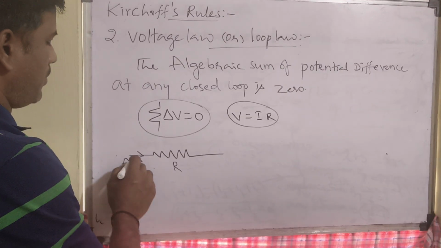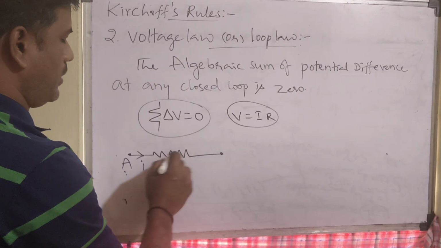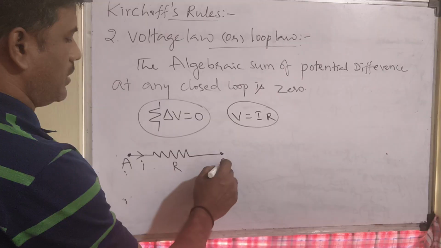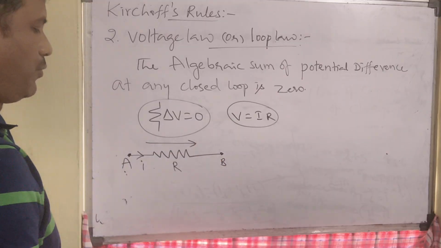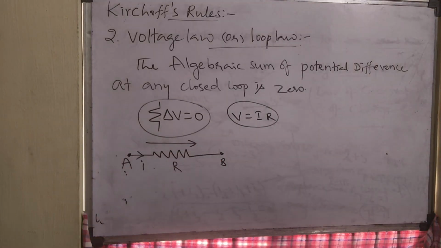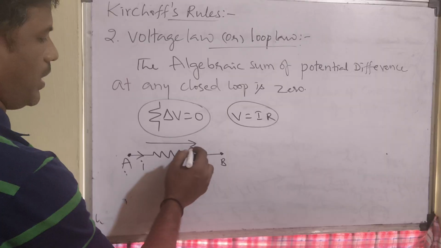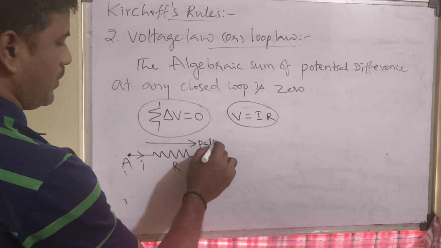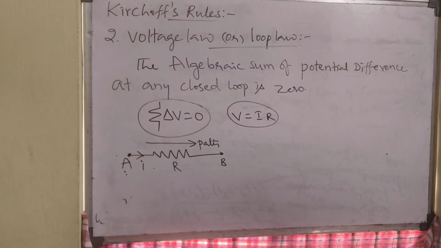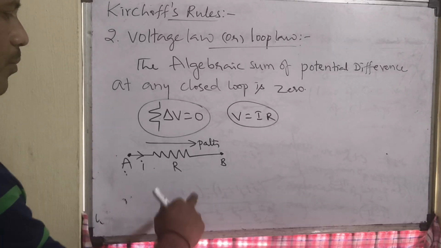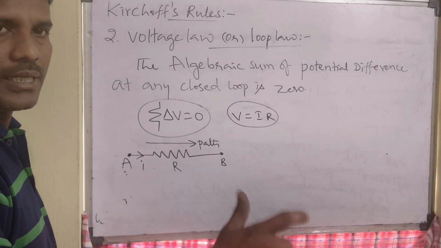So it is the path followed. Here we only consider A to B, so the direction of the loop is A to B. This is the path. In a loop, you should consider one side only.